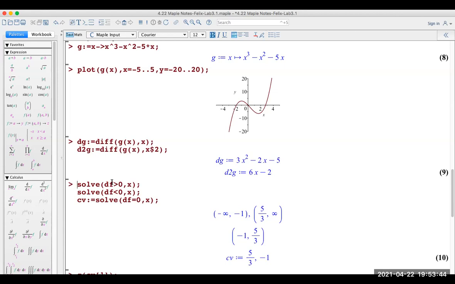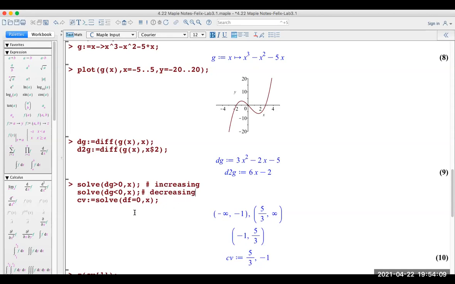Now, if I want to find out when the function increases or when the function decreases, all we have to do is solve dg greater than 0, which means when the function is increasing, and dg less than 0 means when the function is decreasing.